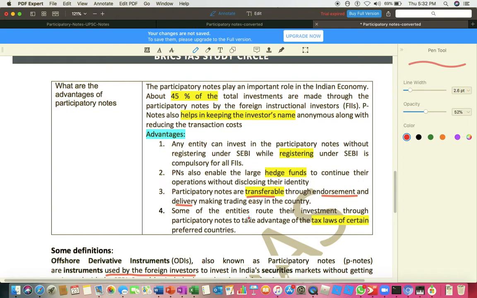Endorsement is where you sign across or at the back, like a negotiable instrument. Suppose you want to transfer a cheque, you sign at the back and transfer it to others. Just like that, these notes, which are basically contracts, can be transferred either by endorsement or by delivery. That means they can be sold and bought.